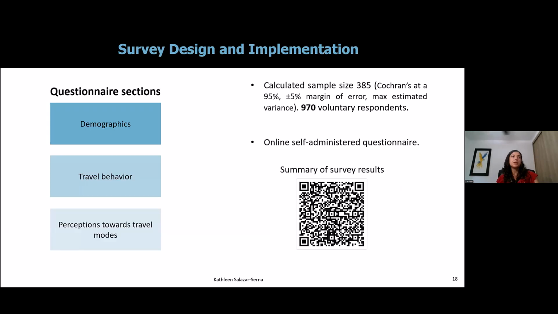And this questionnaire includes some demographic characteristics to describe the transport users. It also has some travel behavior characteristics to know how people move, and basically trip variables. And also it's very important to know about perceptions they have towards the transport attributes. And on this QR code, we have an interactive dashboard that summarizes the results from this survey in case you want to check it out later.